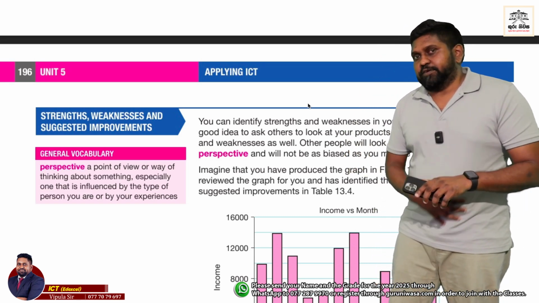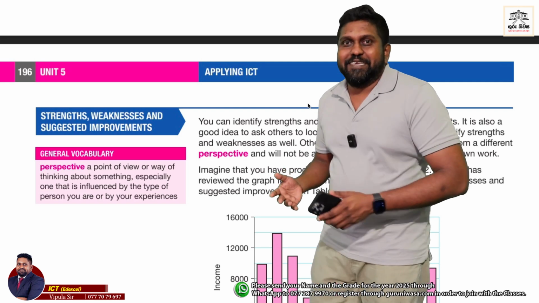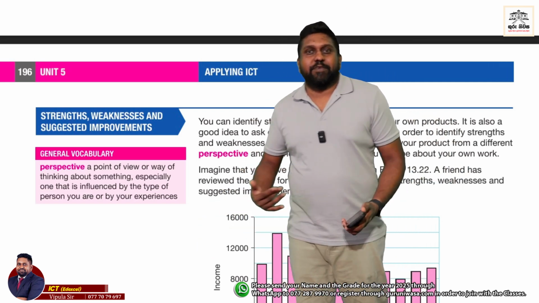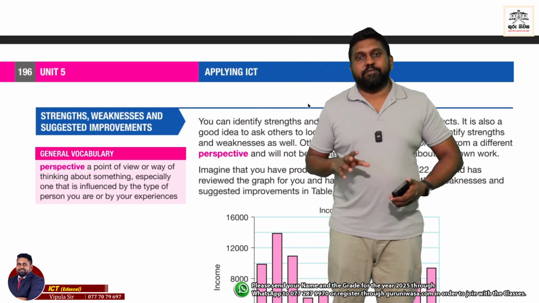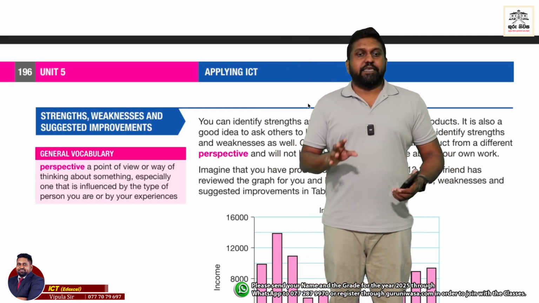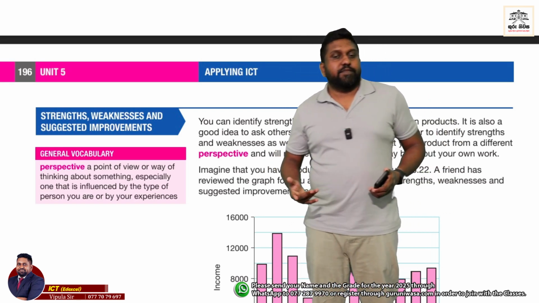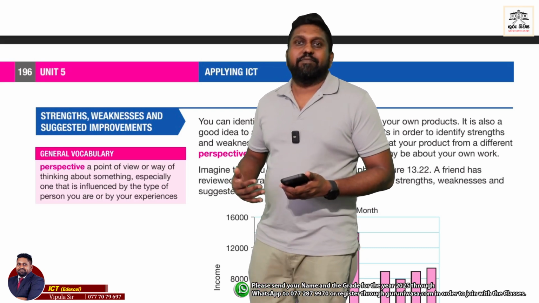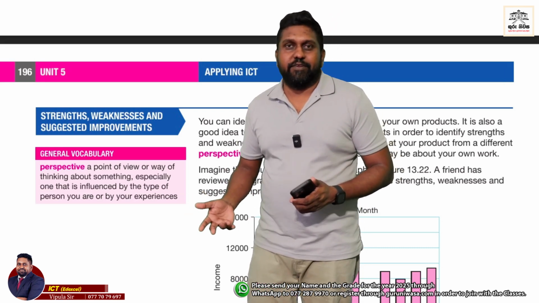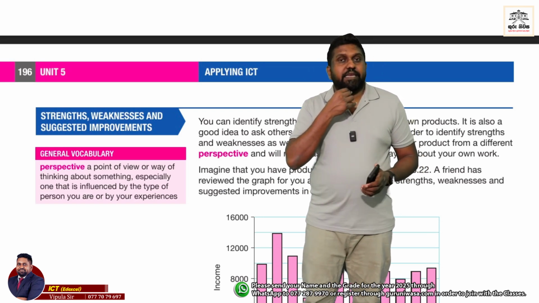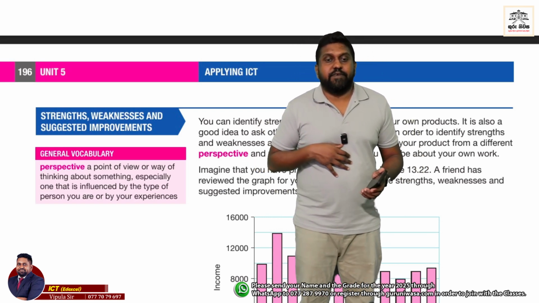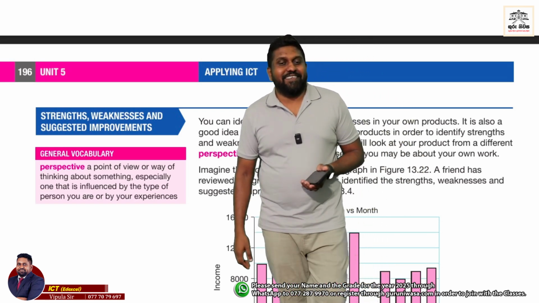It can be a lot of stuff: a presentation, an application, software, and so forth. When it comes to building anything, it's a good idea to ask others, people in the same trade or not, to look at your product and identify its strengths and weaknesses.